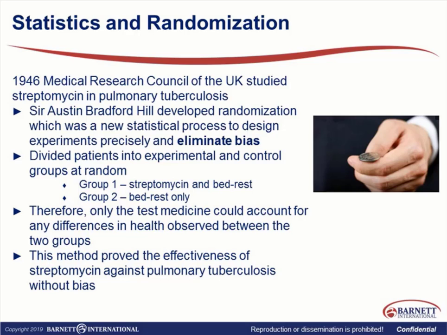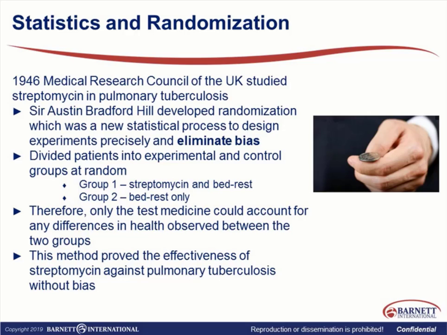So he decided that we are going to randomly assign individuals to either experiment group number 1 or experiment group number 2. The first group was assigned streptomycin and bed rest in the treatment of their pulmonary tuberculosis. And the second group was treated with bed rest alone.